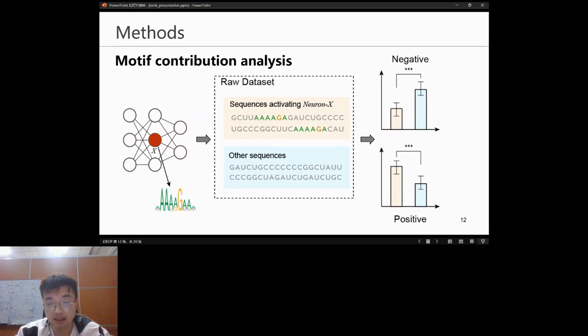Then we conduct a statistical significance test to compare the means of the mRNA properties from the two groups of samples. If the mean of the group that activates the neuron is significantly higher than the other group, it indicates that the visualized motif from this neuron X has an enhancing effect on mRNA properties like half-life or MRL. Otherwise, this neuron X has an inhibitory effect.